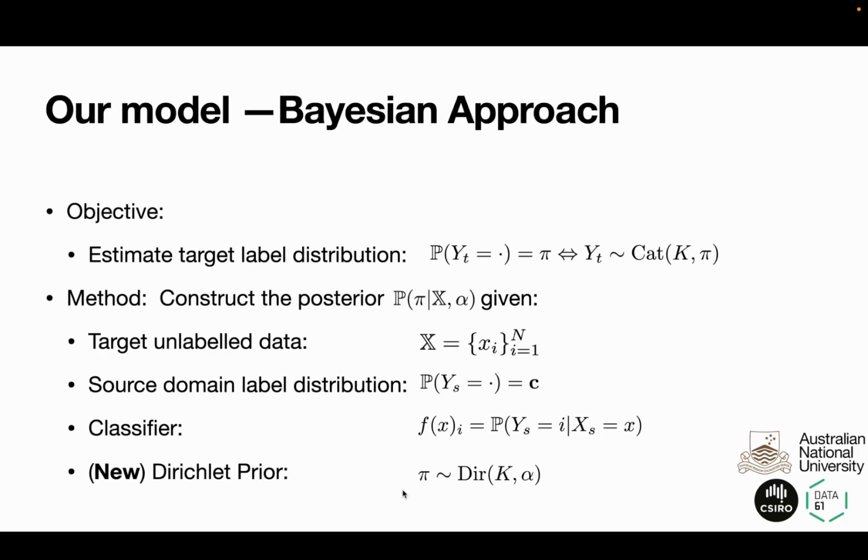We propose to estimate the target label distribution with a Bayesian approach. We observe that the target label follows a categorical distribution. Estimating the target label distribution is equivalent to estimating pi, the parameter of the categorical distribution of the target label. Thus, we propose introducing an extra Dirichlet prior over the parameter pi in the Bayesian approach.